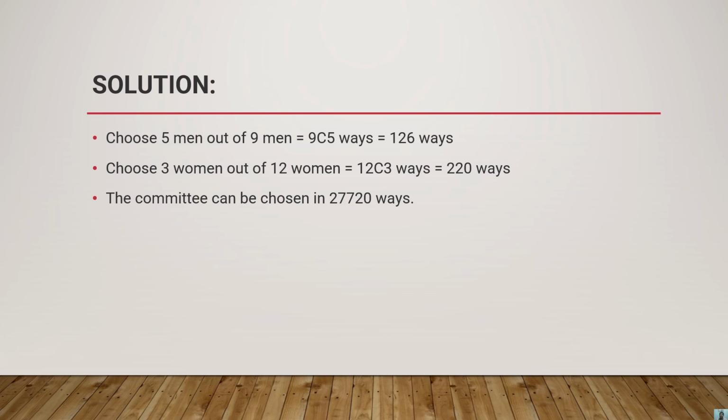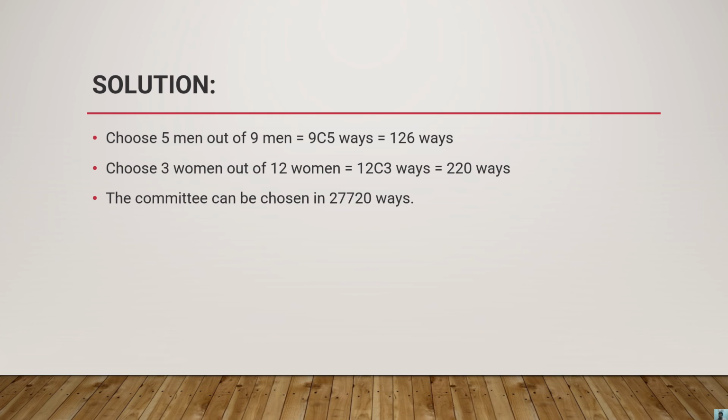As a solution, we need to choose 5 men out of 9 men, that is 9C5 ways, which is equivalent to 126 ways. And we need to choose 3 women out of 12 women, that is 12C3 ways, which is equivalent to 220 ways. And the committee can be chosen in 27,720 ways, because the first thing that we need to consider is how many ways in selecting men, and the second is selecting women.